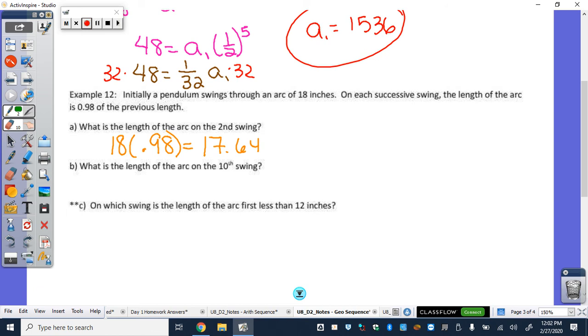So next they want to know, what is the length of the arc on the 10th swing? So we'll use our formula that we've been using. A sub 10, the first swing would be 18, times 0.98 to the 9th power.